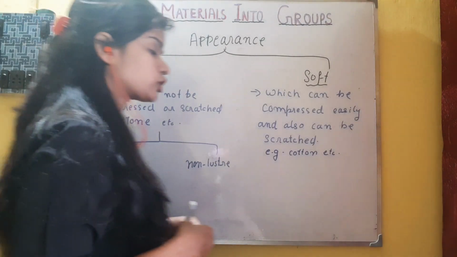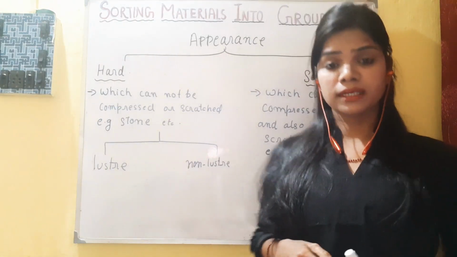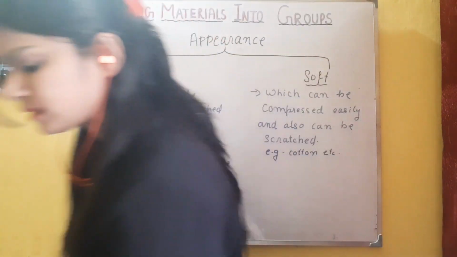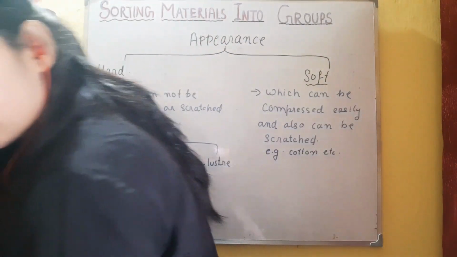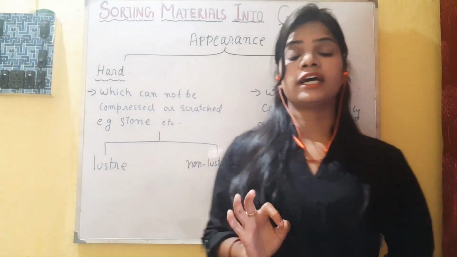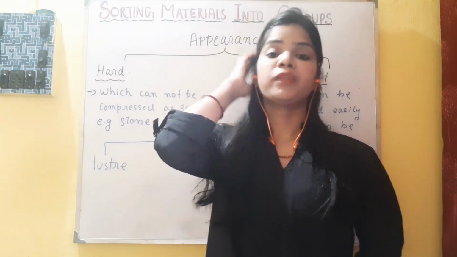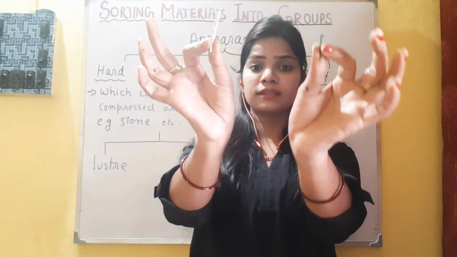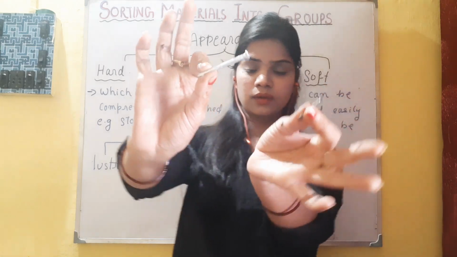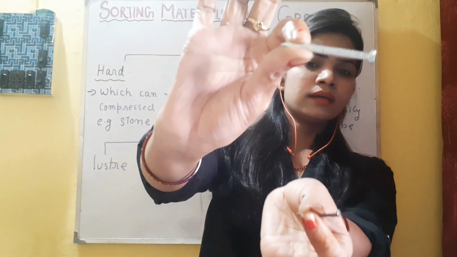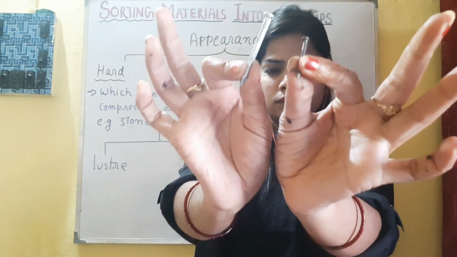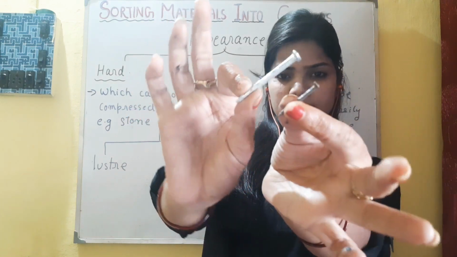Luster means shine. Some hard materials or metals have shining properties. For example, this is a nail, and this is also a nail, but both look different, isn't it?